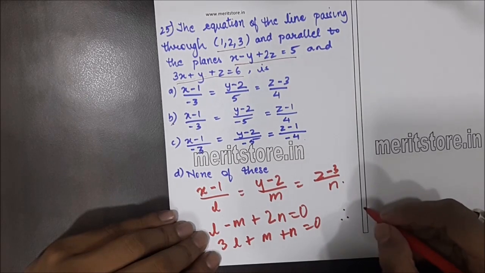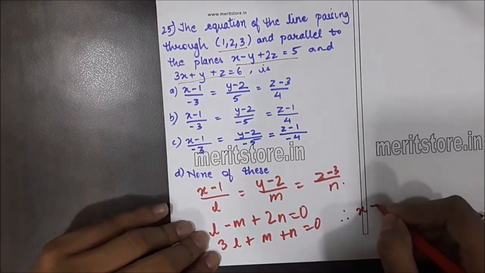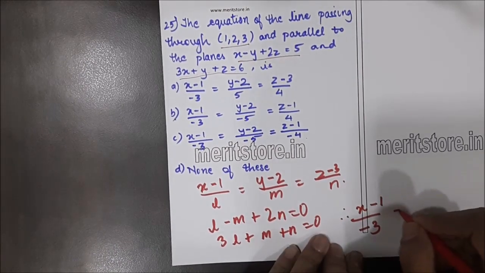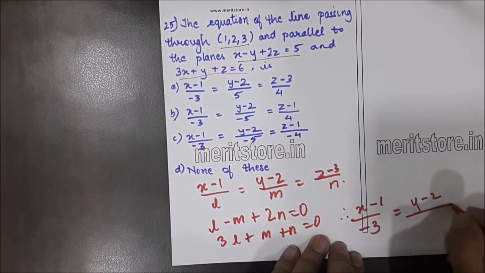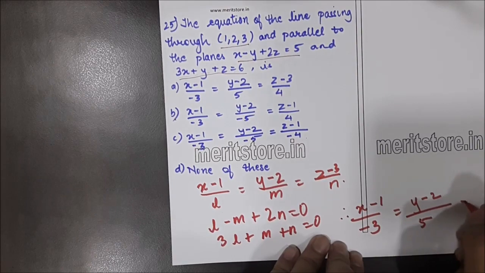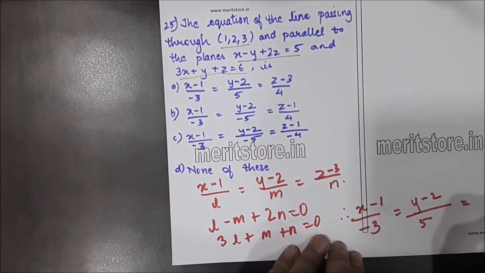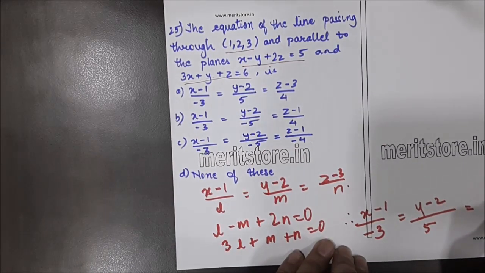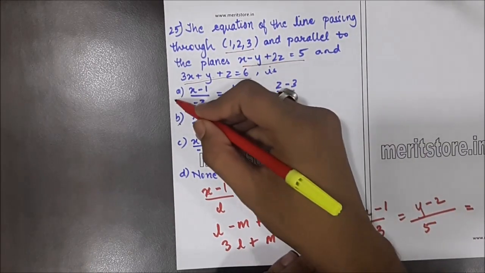Therefore, we get (x - 1) upon -3 equal to (y - 2) upon 5 equal to (z - 3) upon 4. So the correct answer is option A.